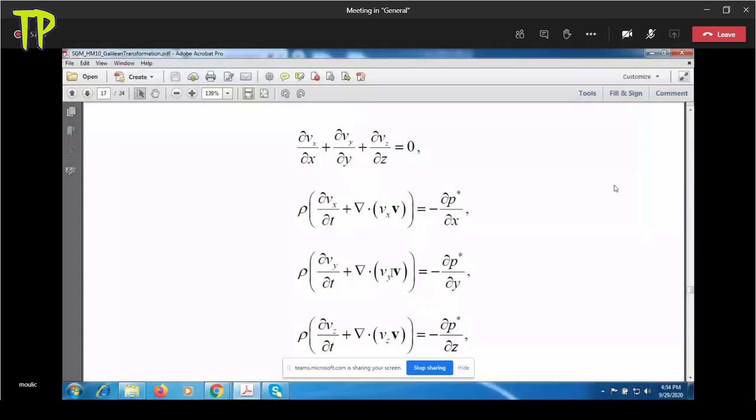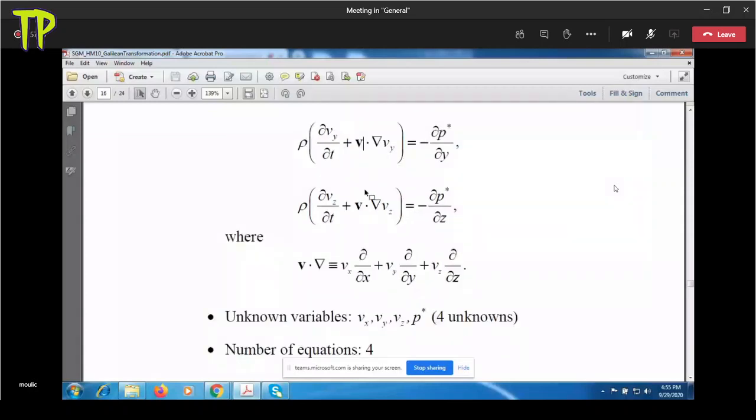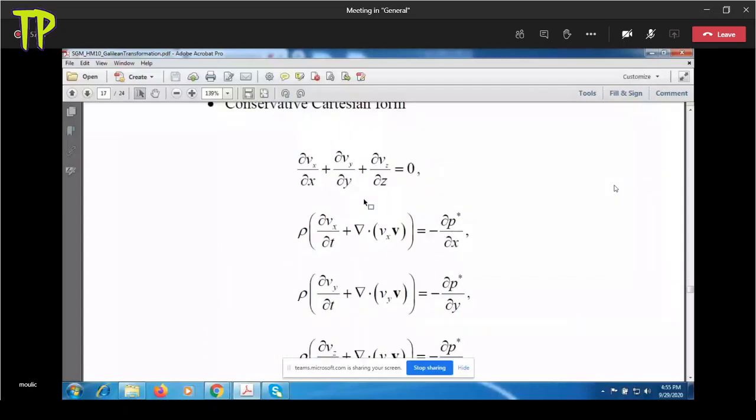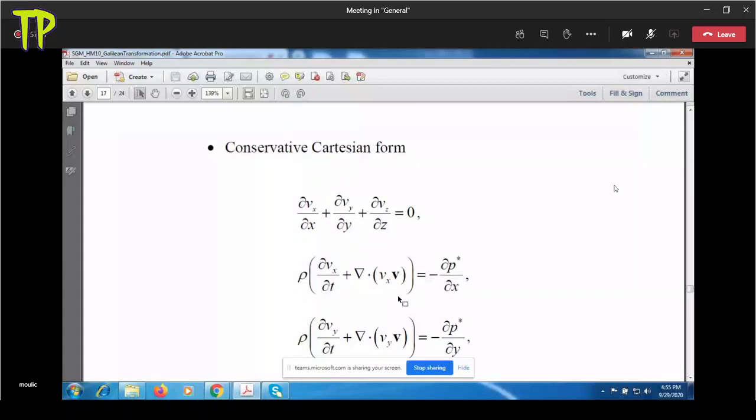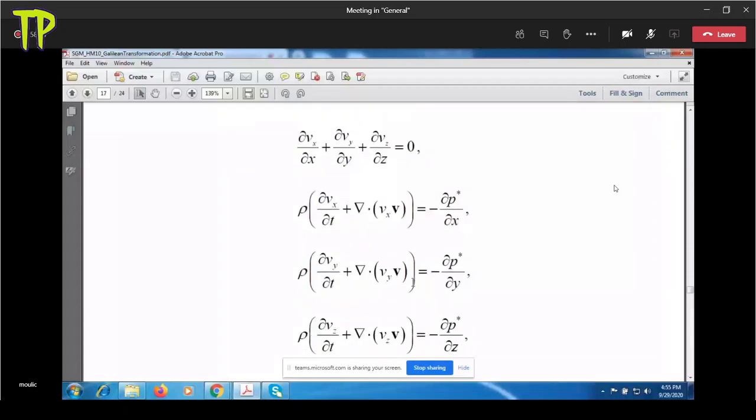Now, if you take a course on CFD, computational fluid dynamics, you see that there are some advantages in discretizing this form of the equation, which is mathematically equivalent to the other. So there you call it the conservative form. That's just terminology. Mathematically, the two equations are equivalent.